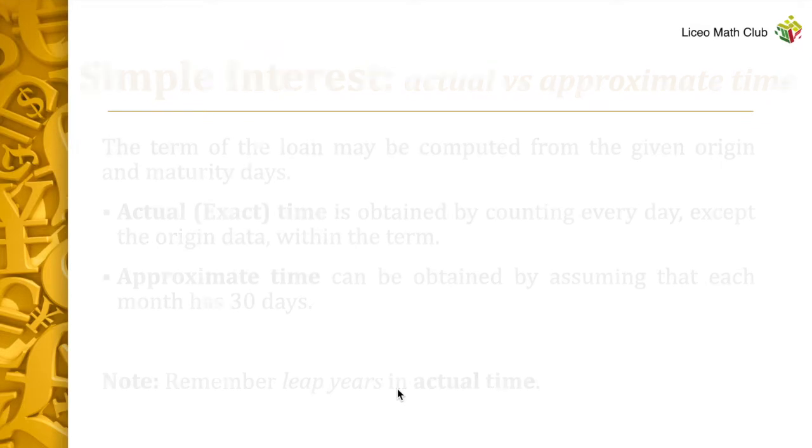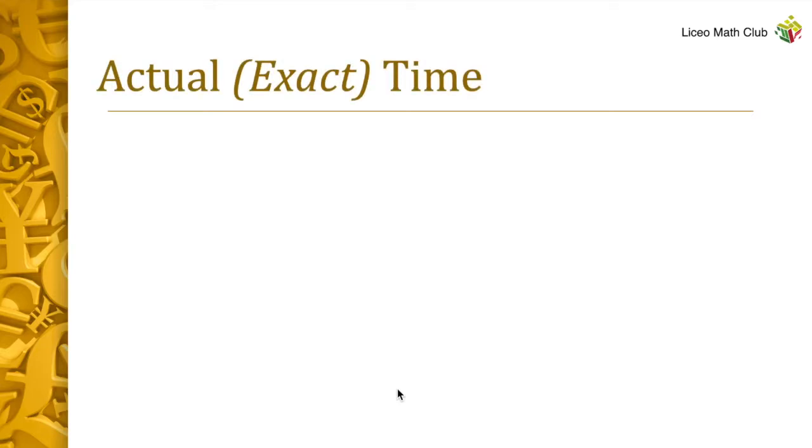We have no problem in approximate time since we only approximate all the days in the month to be 30. We have certain problems in actual time because the number of days in a calendar could be 30, could be 31, could be 28, seldom 29.